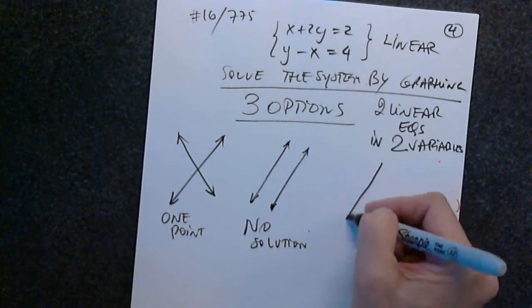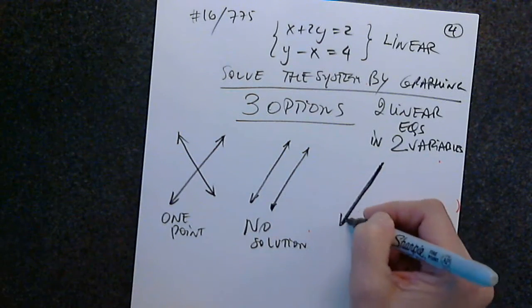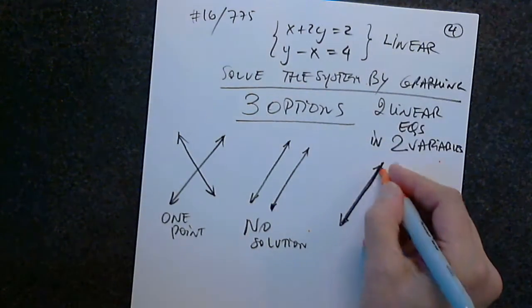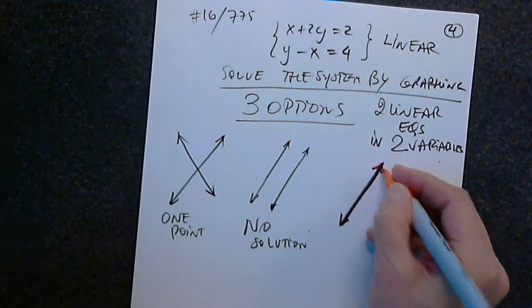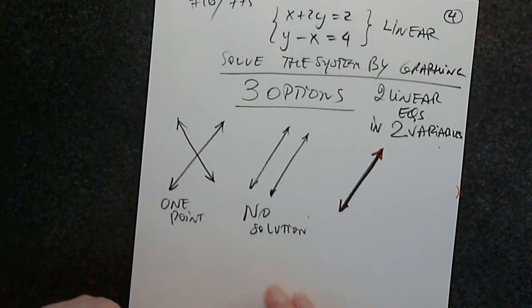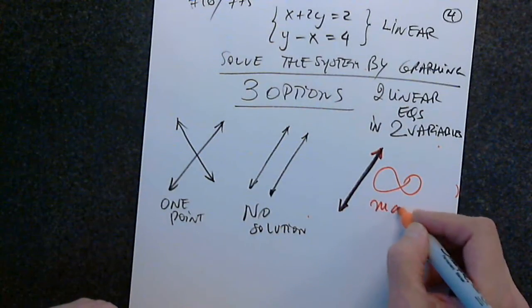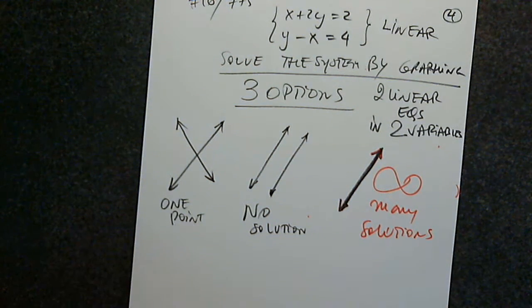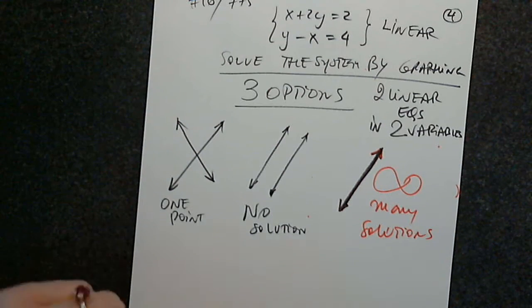And the third option is this is the first line, and this is the second line. Infinitely many solutions. They are the same line. So they overlap completely, which means they have infinitely many points of intersection because they are the same.